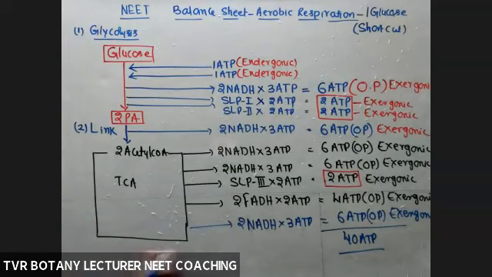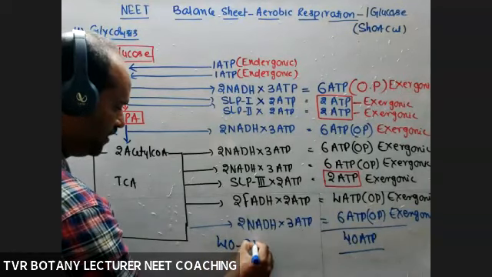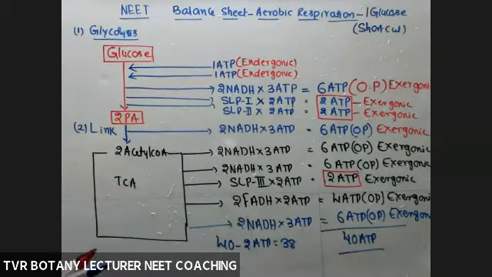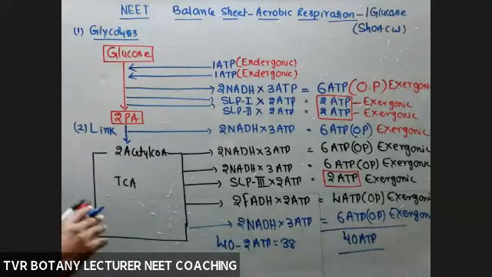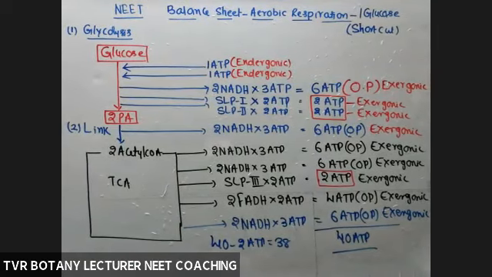So 40 minus 2. Yesterday we discussed this one. So use this flow chart, shortcut. With the help of this, you can answer any question possible out of NEET examination.